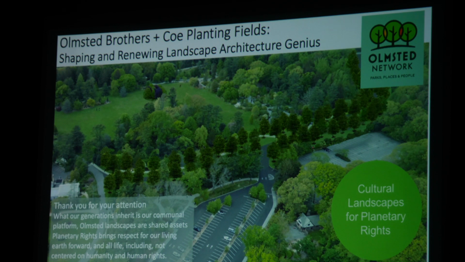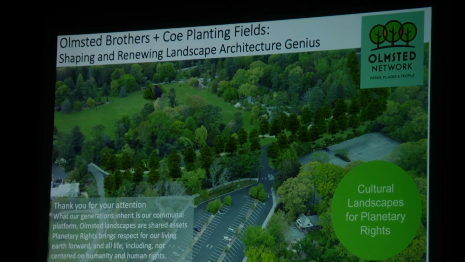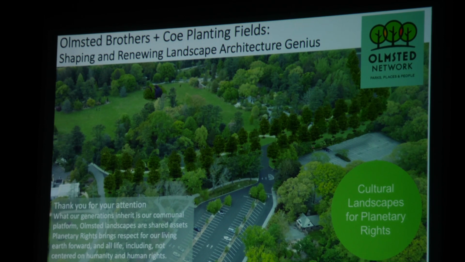These are cultural landscapes, the combined work of nature and humanity. Some of these, of course, are not good landscapes, but we have all of our public parks as important aspects of landscape that is a shared asset.